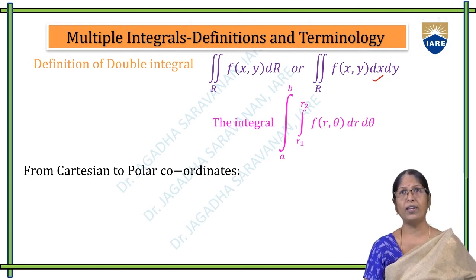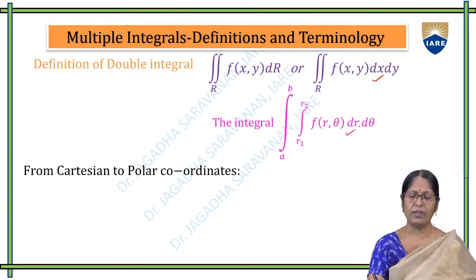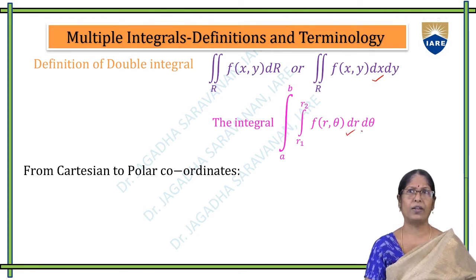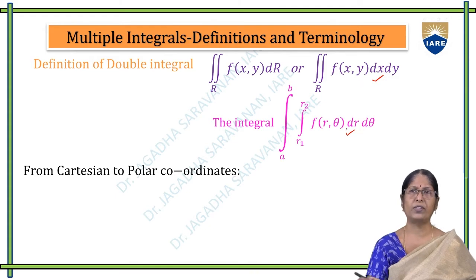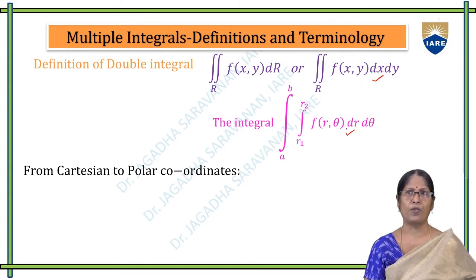If the question specifically asks us to evaluate in Cartesian form, then we have to do that. If nothing is mentioned, two formulas are defined, one for Cartesian and another for polar form.